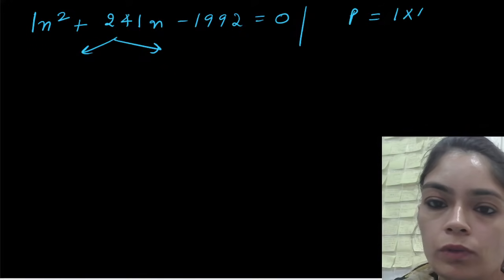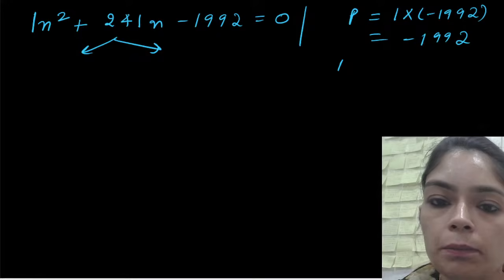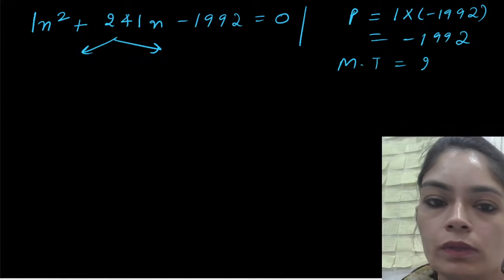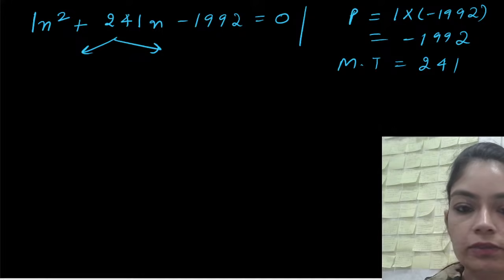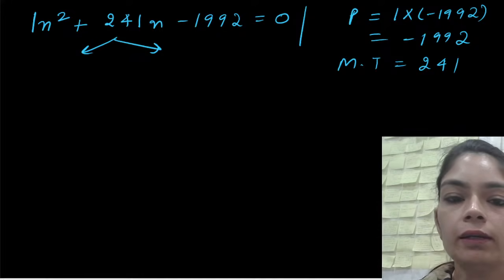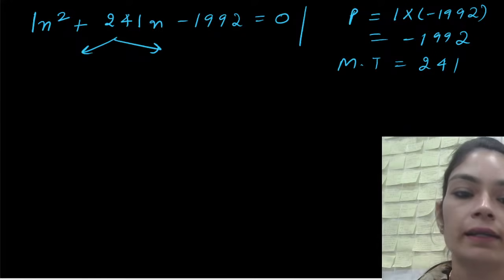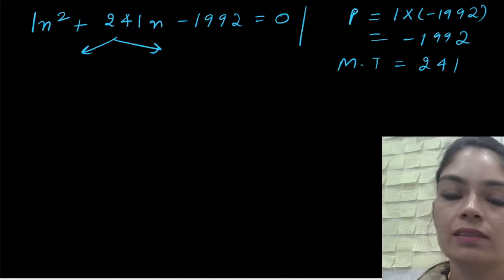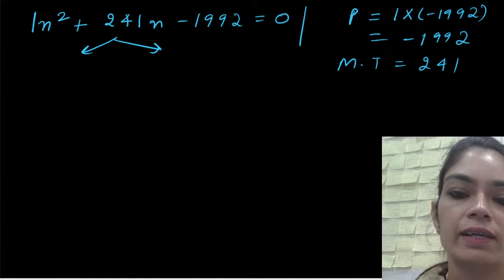So 1 into minus 1992 gives minus 1992, and the middle term is 241. If you are not able to understand this, it's fine. We are doing factorization here, and this full method we will learn again when we do the quadratic equations chapter. In 9th standard we have learned splitting the middle term in factorization.